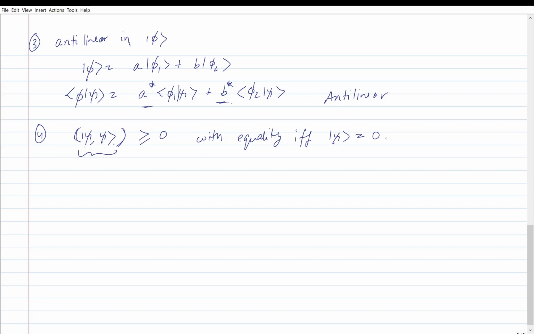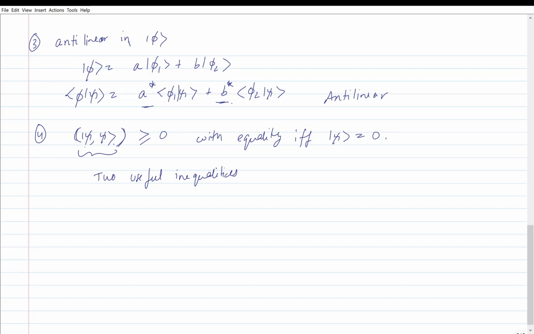So two useful inequalities, I would urge you guys to try and prove them yourself.